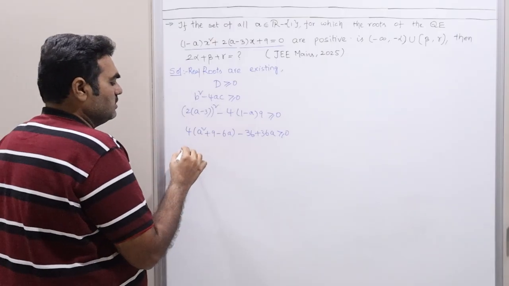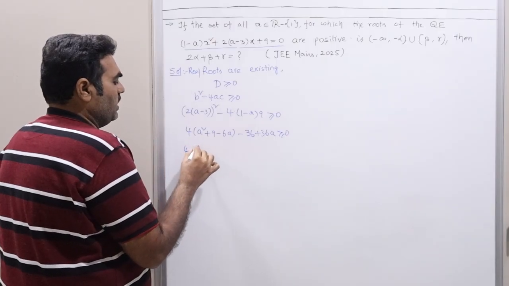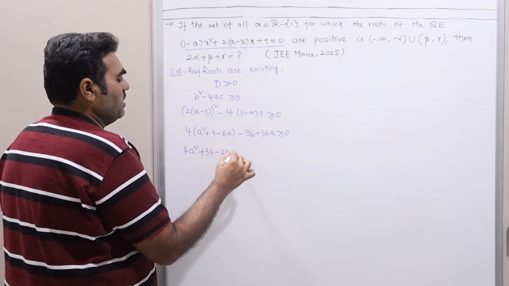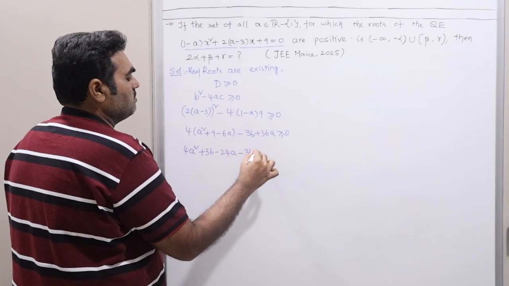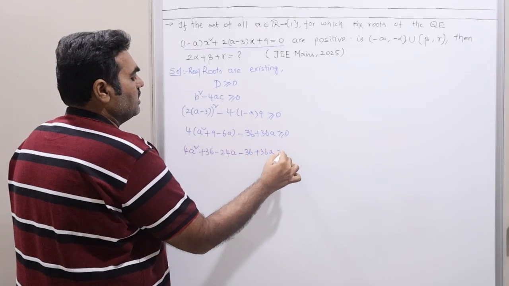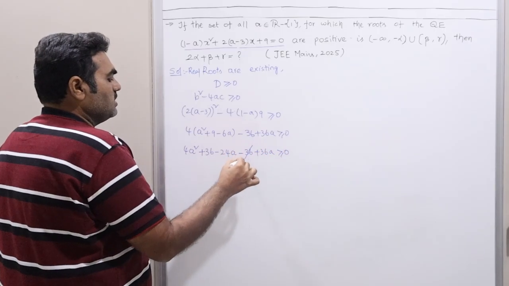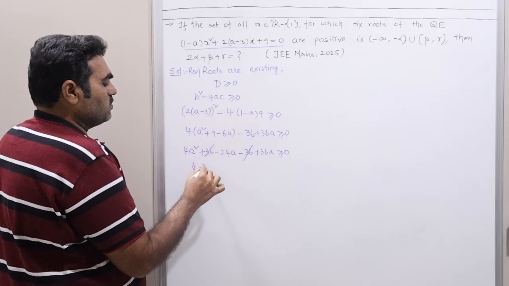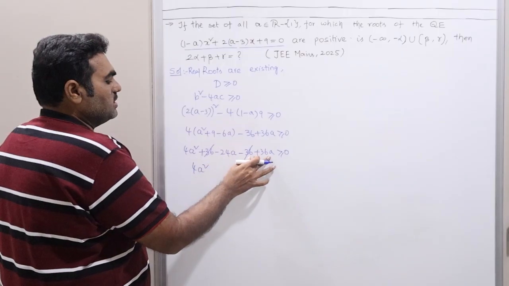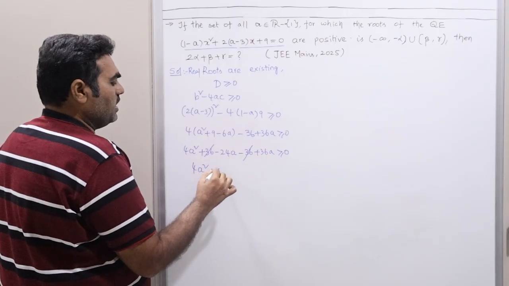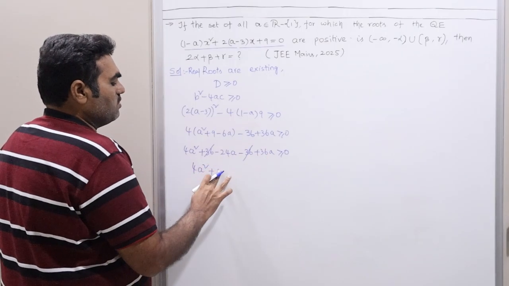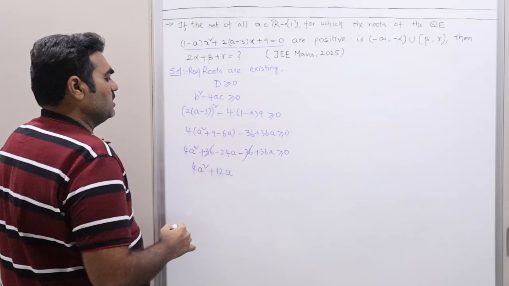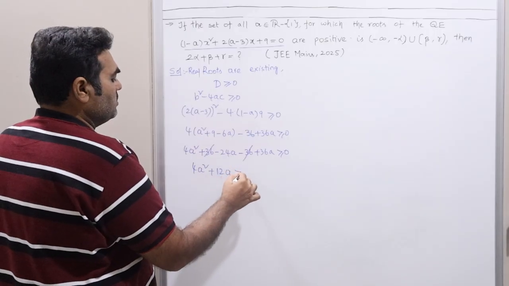Now let me expand this. 4A squared plus 36 minus 24A minus 36 plus 36A is greater than or equal to 0. The plus 36 and minus 36 cancel. Now we have 4A squared, minus 24A plus 36A, which is plus 12A, greater than or equal to 0.